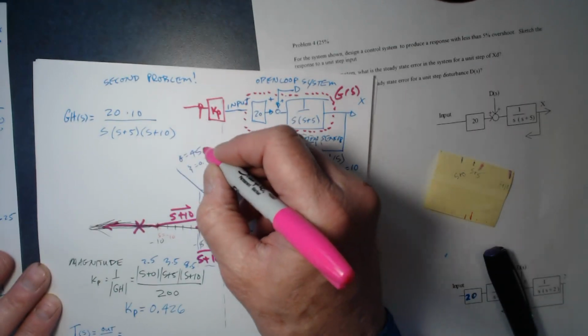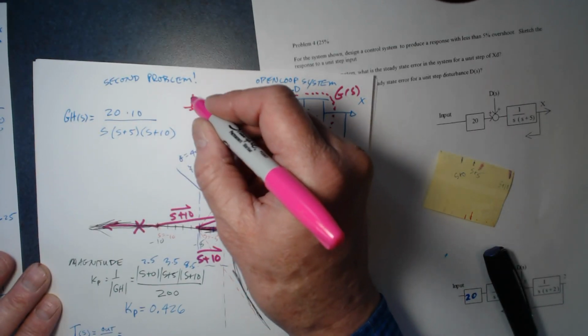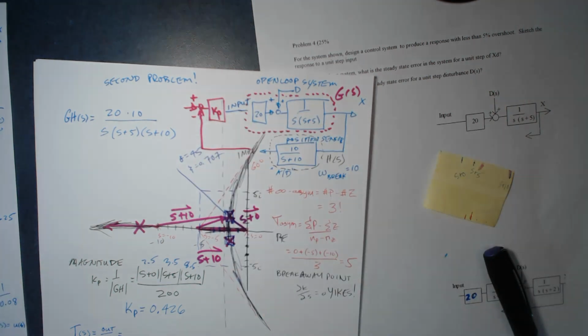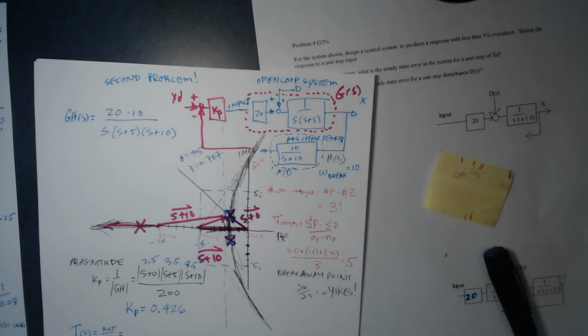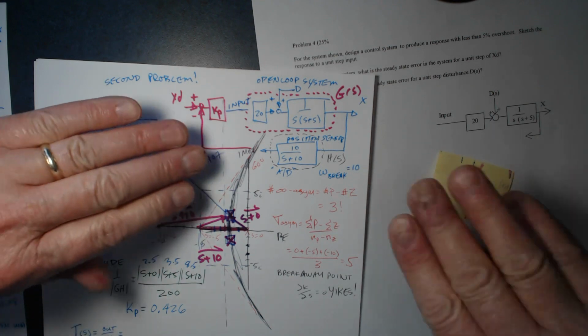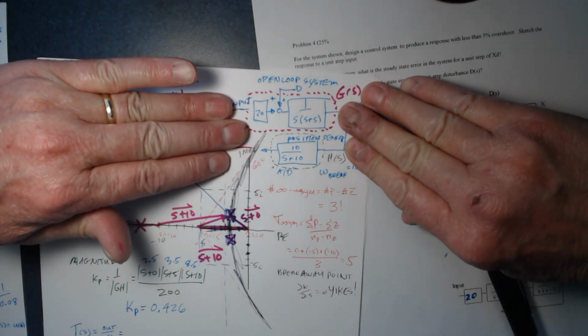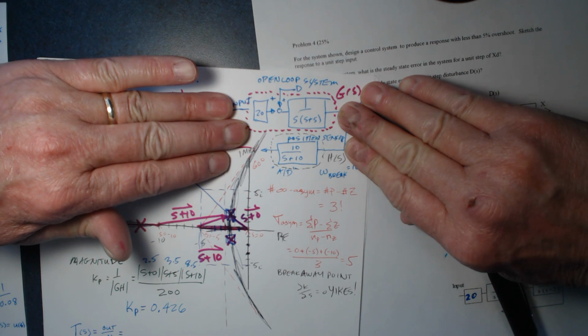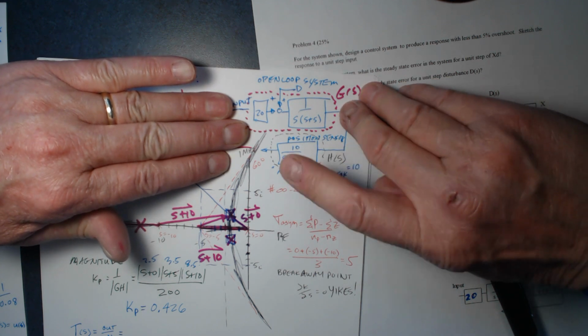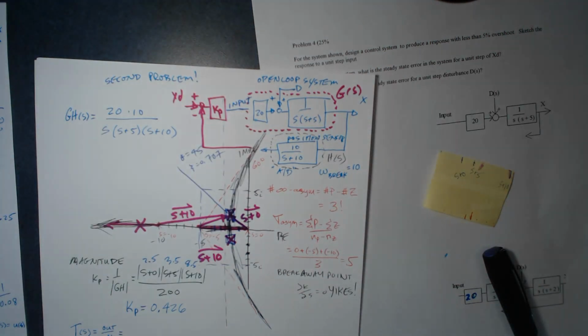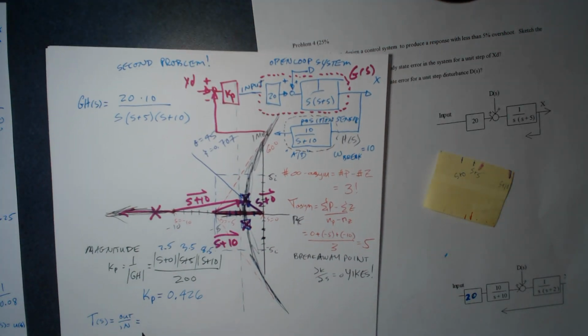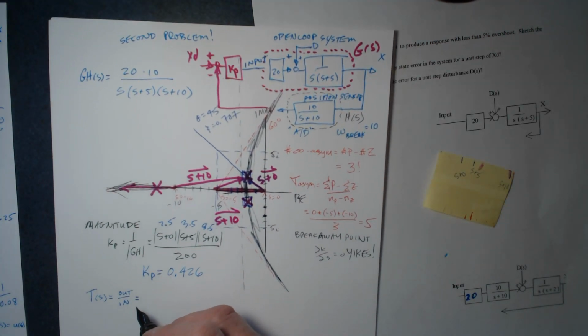Like you already knew this part, so I didn't really need to add that. This is XD. The reason I didn't add it is because what's important is the open loop system. The reason the open loop system is so powerful is because in the open loop system, I can see what all the roots are. In the closed loop system, I don't even know where the roots are. Let me look at what the closed loop system looks like here.